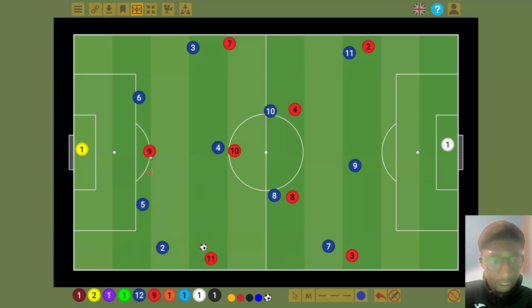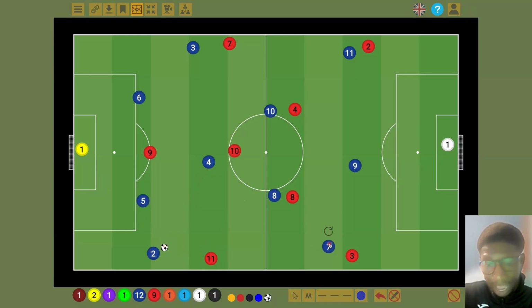So predominantly most teams go over 4-2-3-1, or a 3-5-2, 4-4-2, 4-3-3. Can you get yourself into 2v1 situations to win the ball back when you're out of possession? And then when you're in possession, thinking about who you can combine with.